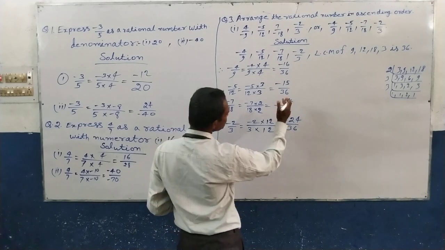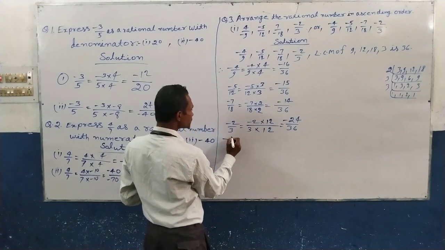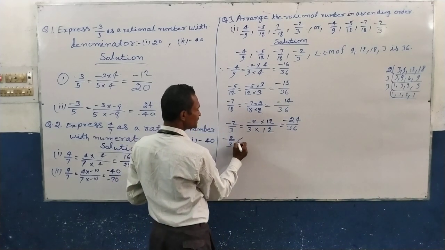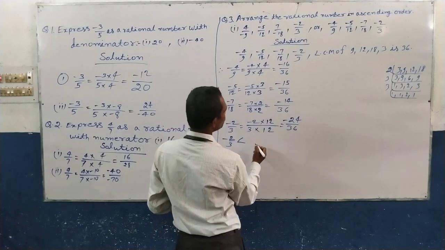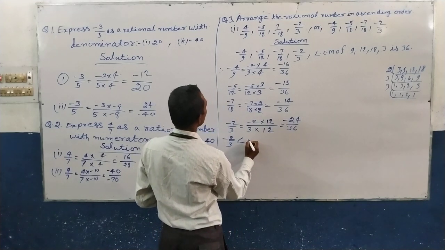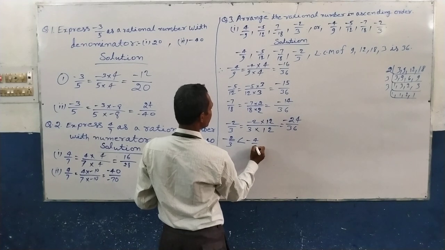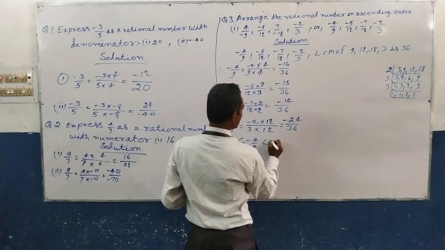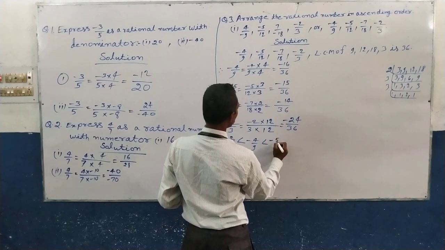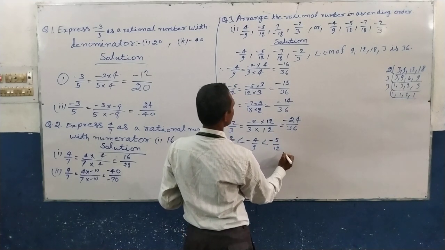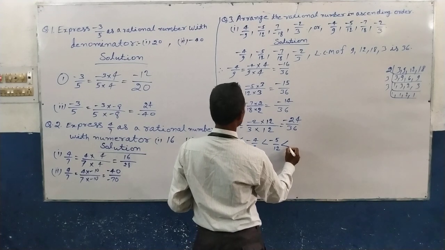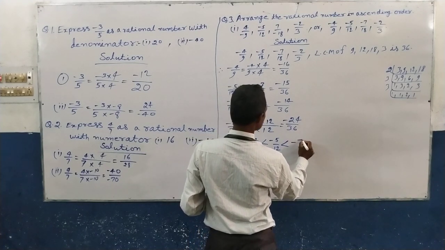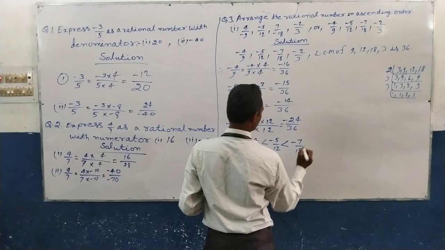So -2 by 3 is less than -4 by 9 is less than -5 by 12 is less than -7 by 18.